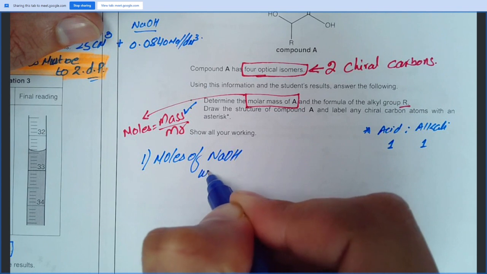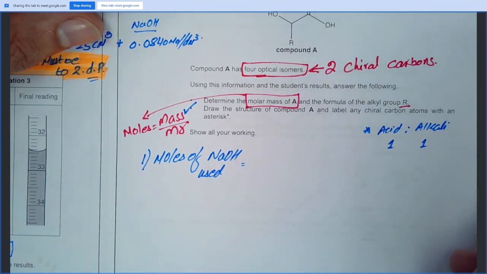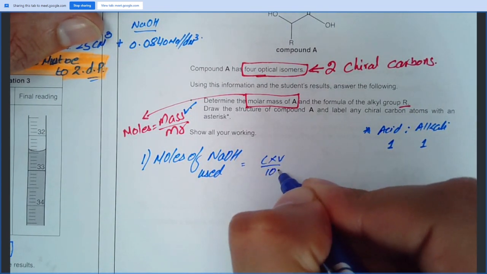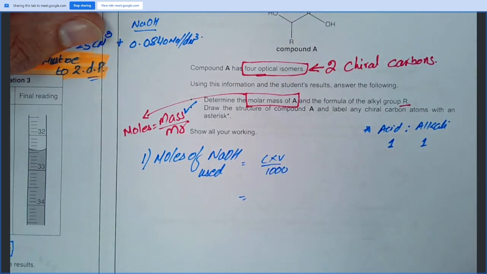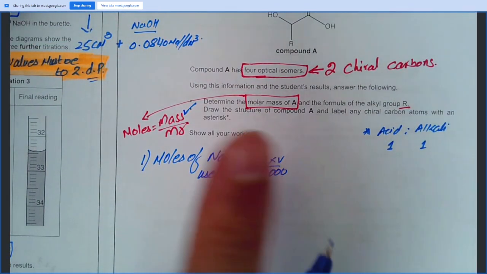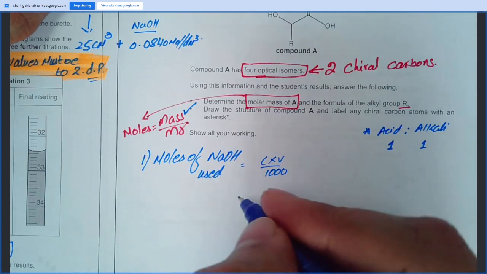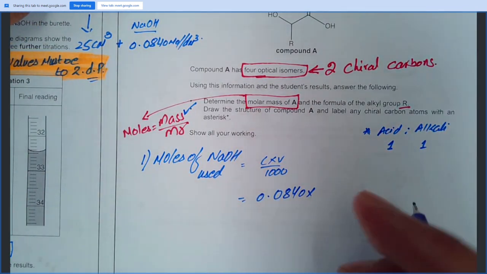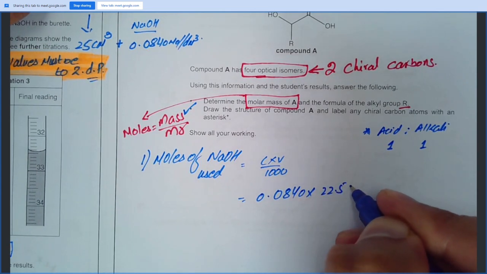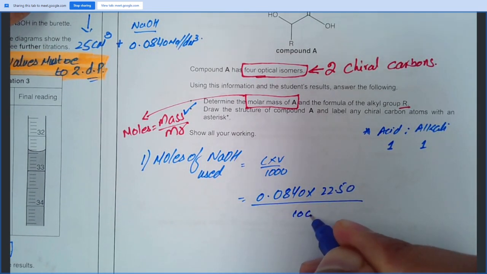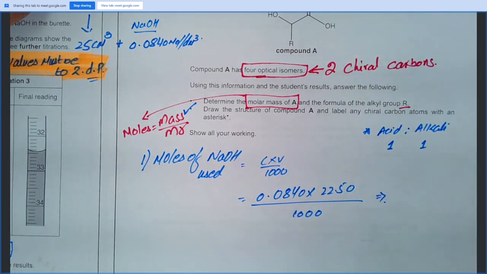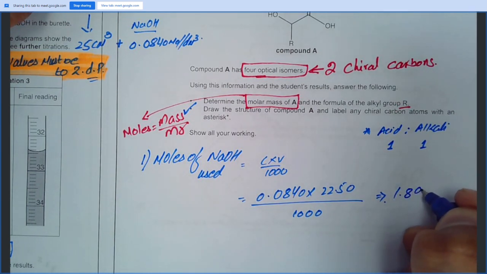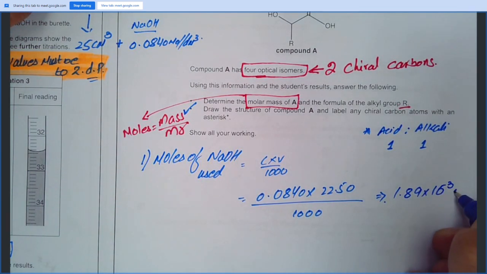So step 1 will be moles of NaOH used. I can use CV over 1000. The concentration, in my case, is given to me as 0.0840. The volume I worked out in the previous part is 22.50 divided by 1000, which gives me an answer of 1.89 times 10 to the power of minus 3 moles.